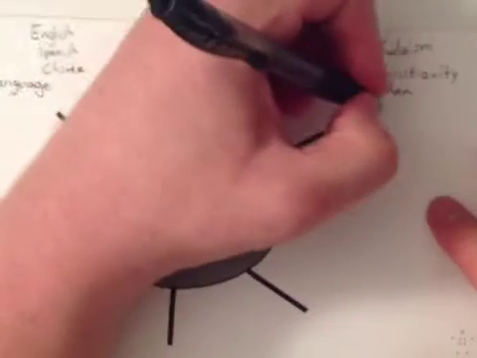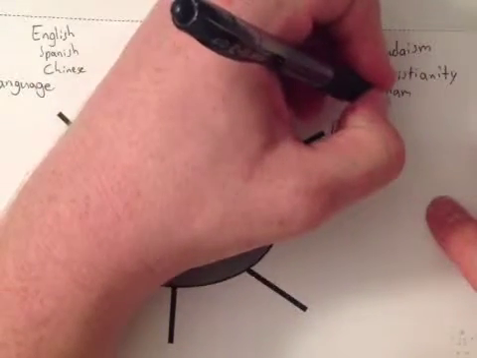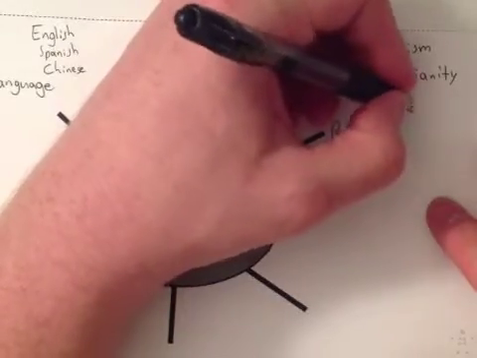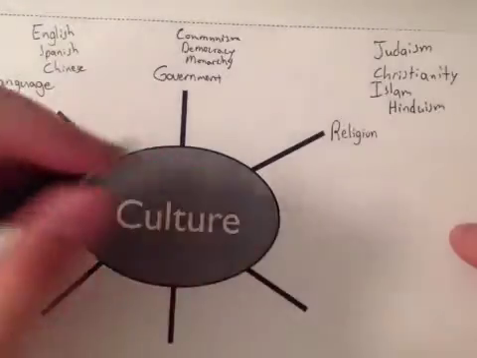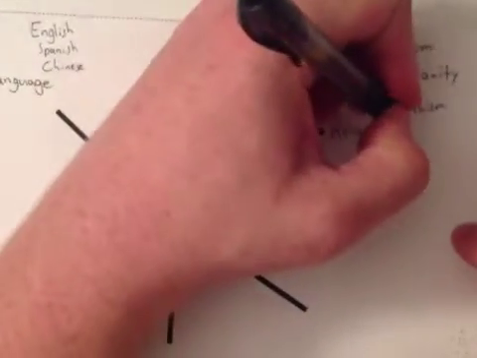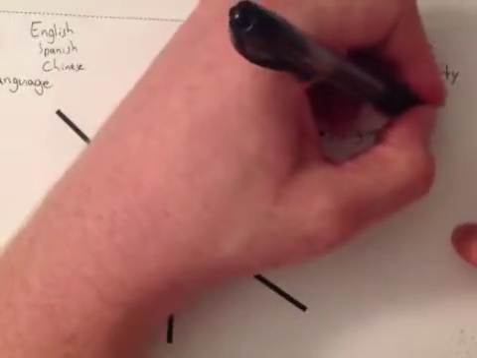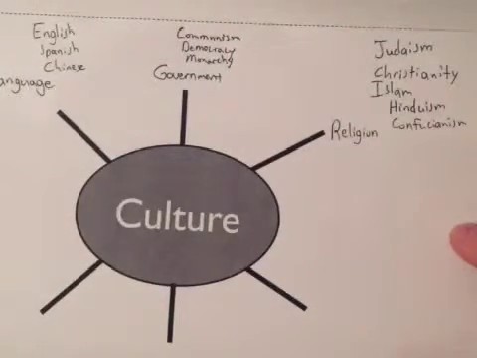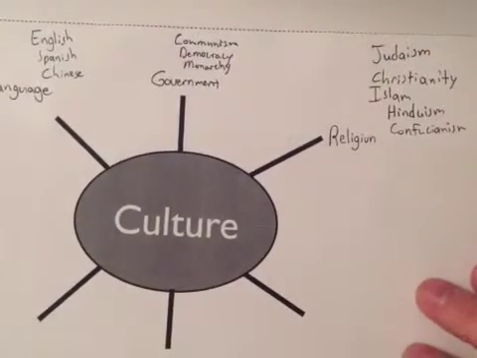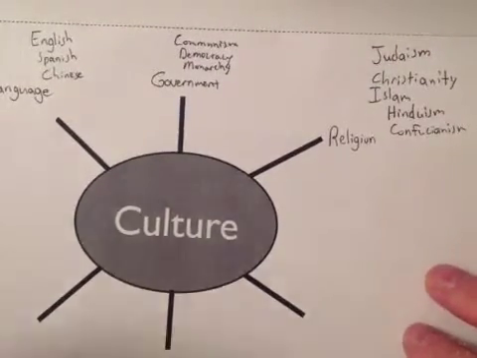Some other religions that we're going to look at this year are Hinduism, which is in India, and Confucianism, which was in China and transferred over to Japan a little bit. Those are going to be a couple of the big ones.